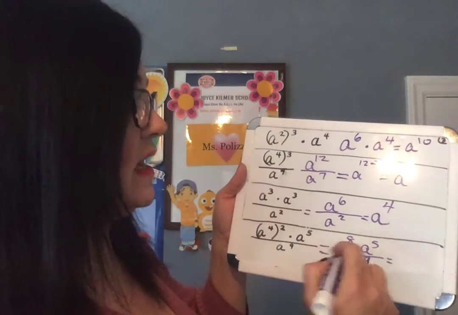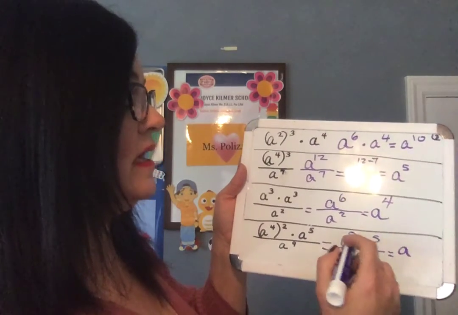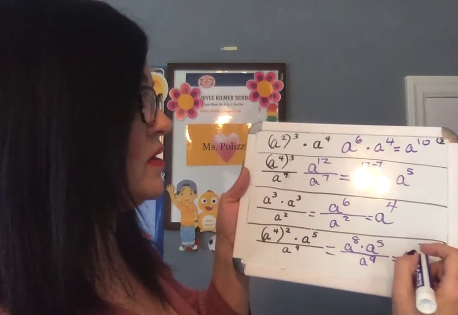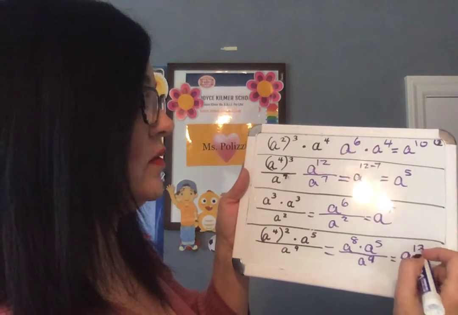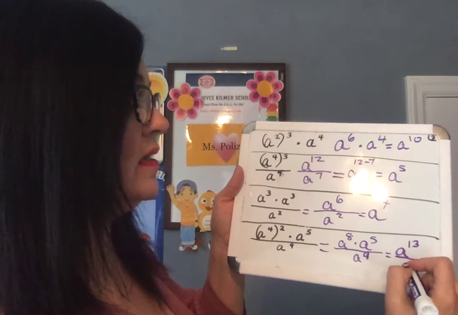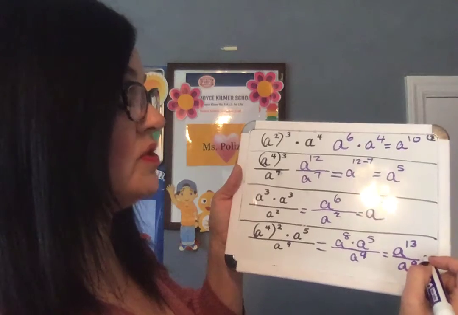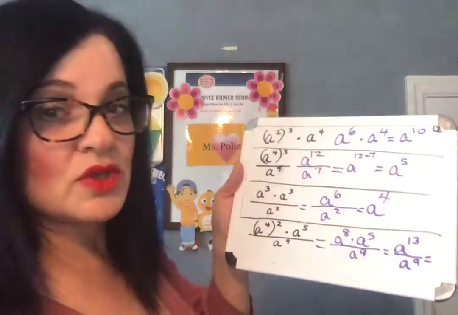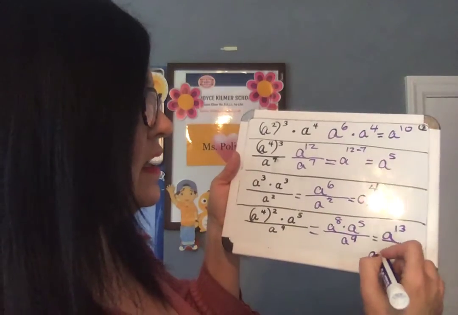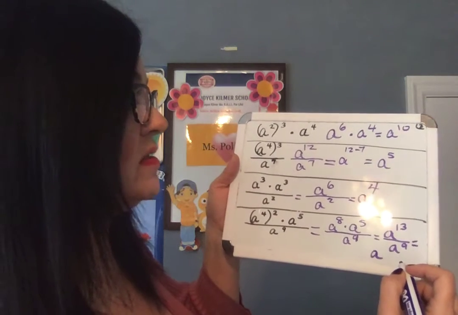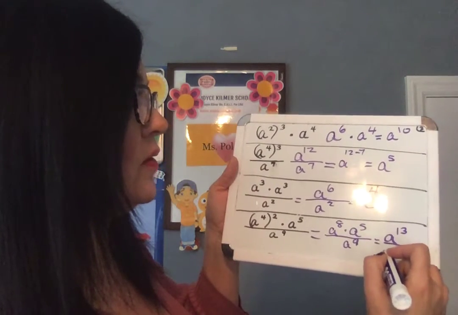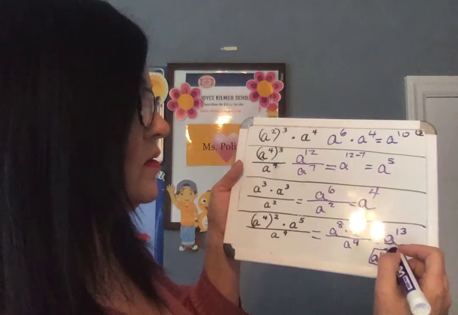So we'll say a, same base. 8 plus 5 is 13, over a to the 9th power. Now we're dividing, same base, so we will keep a, and then we'll subtract. 13 take away 9 is 4, okay? And that would be our answer, all right?